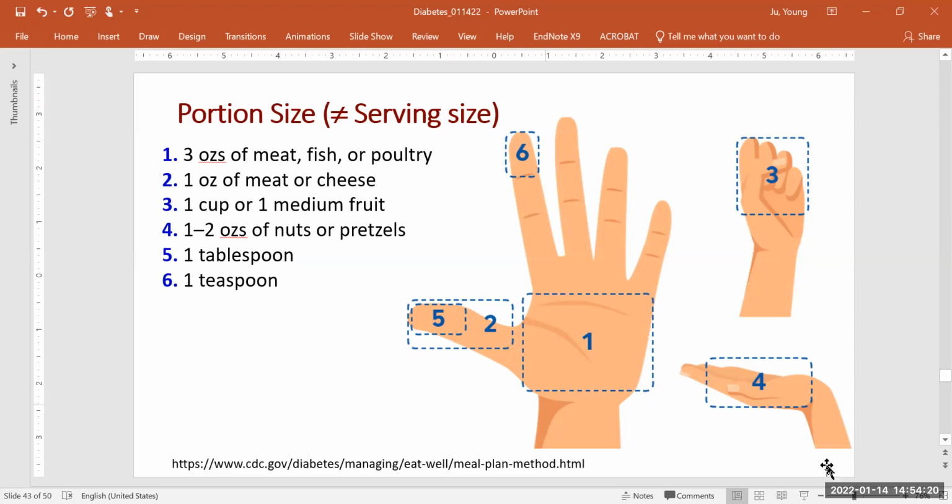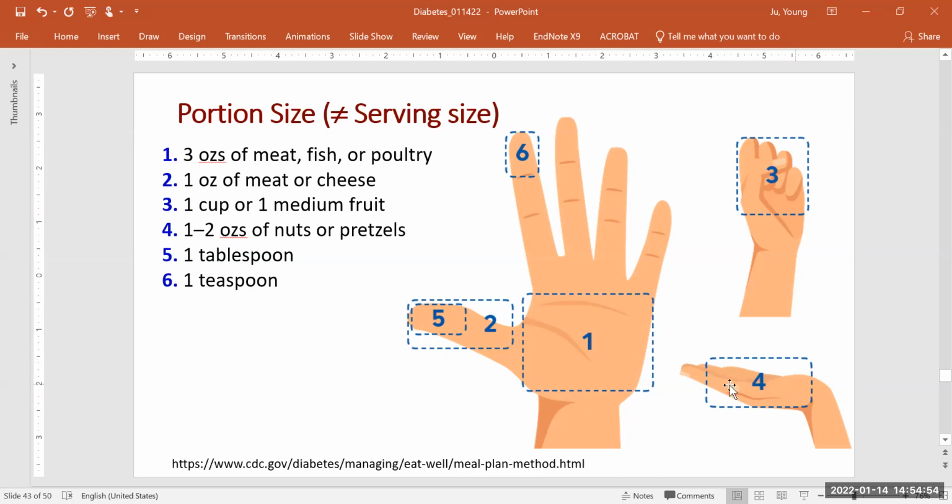So this could be a visual aid for the portion size. For example, 3 ounces of meat or fish or poultry is similar to the palm of a hand. And an ounce of meat or cheese block is about thumb size, tip to the base. And 1 cup or 1 medium fruit is about fist size.